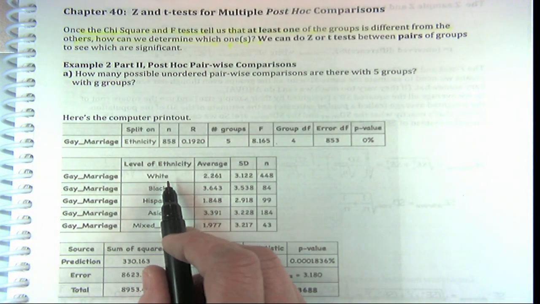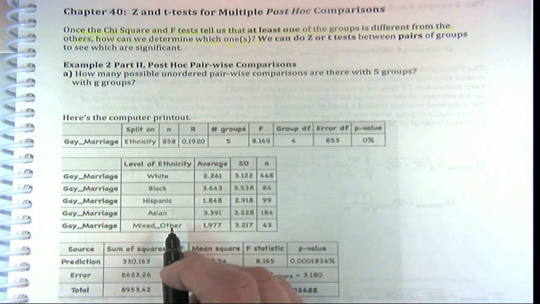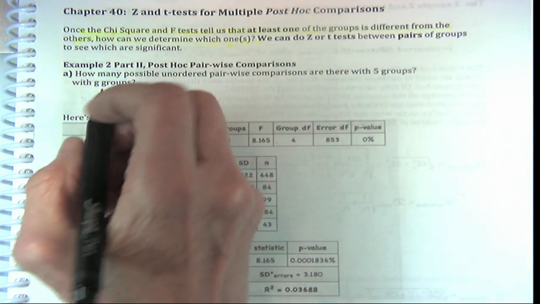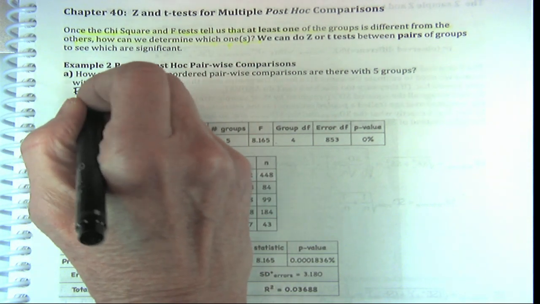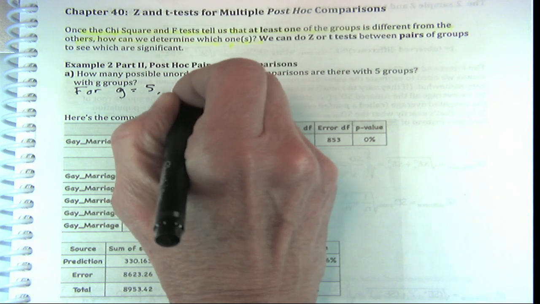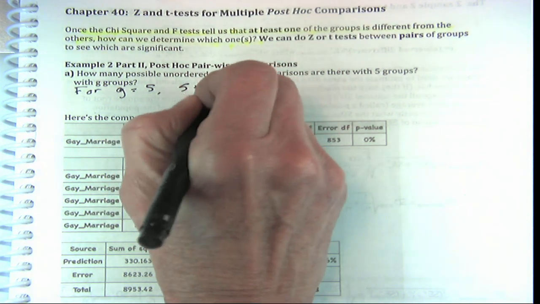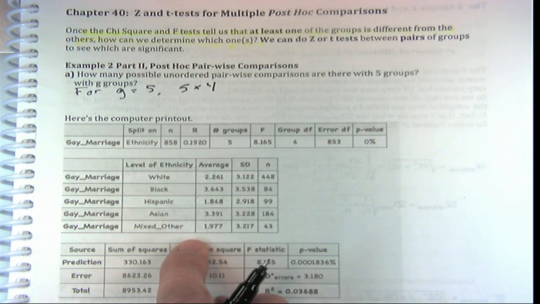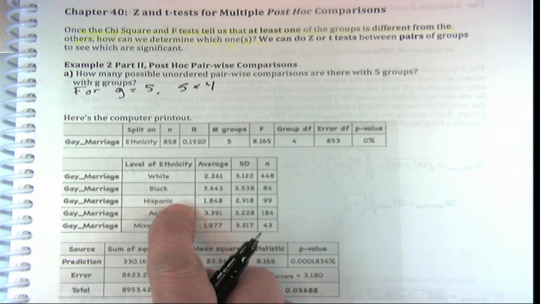For whites, you can compare them to 4 other groups. Blacks, you can compare to 4 other groups, etc. So for G equals 5, it looks like there's 5 times 4 pairwise comparisons, because each of the 5 groups can be compared to 4 other groups.